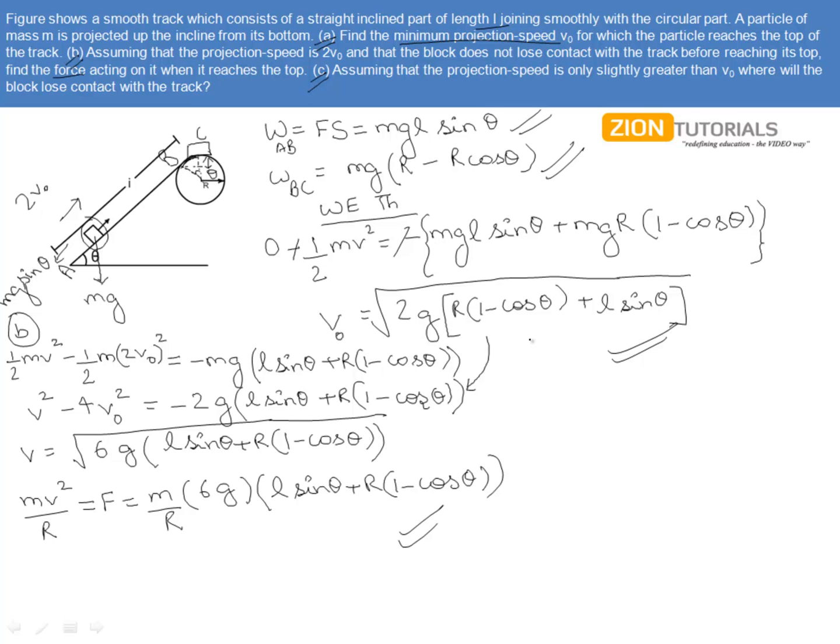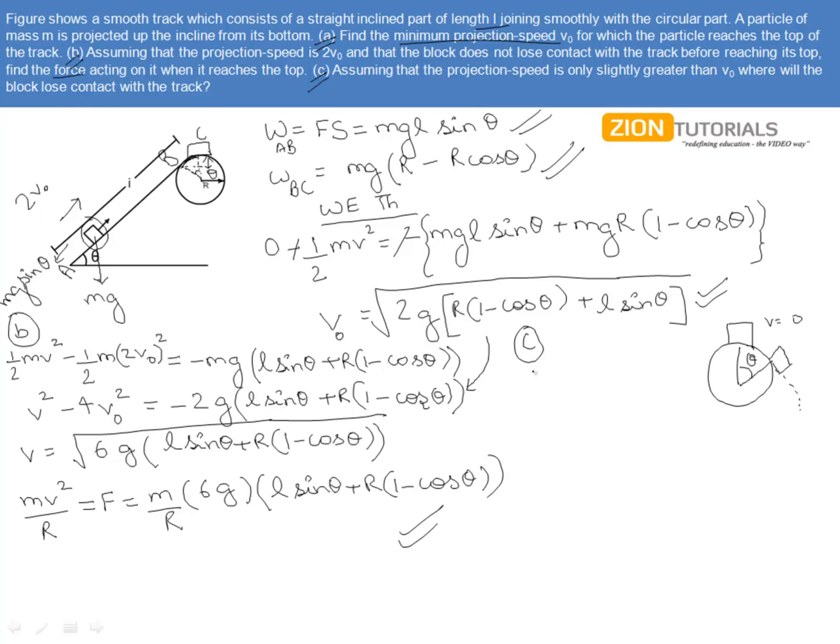Now coming to the third part, that is the C part of this question. Here we need to find out where this block will leave the contact from this spherical part. If the speed is slightly greater than v naught, this means that the velocity to be taken here is 0. It is just going to slip and somewhere it will fall like this. Let us take that angle to be theta with the vertical, right?